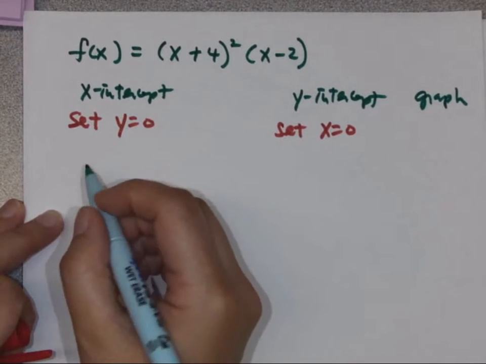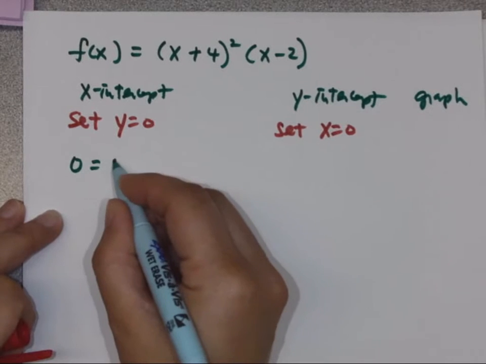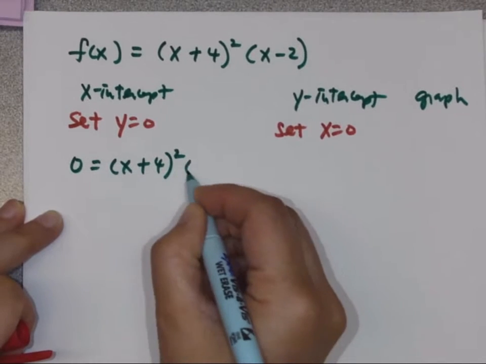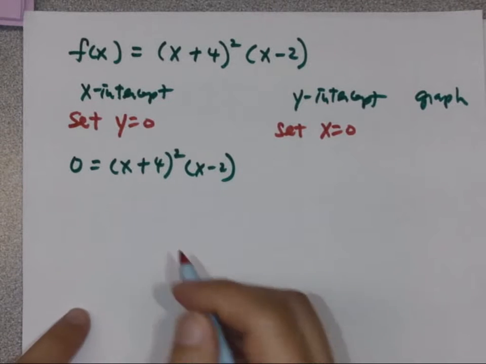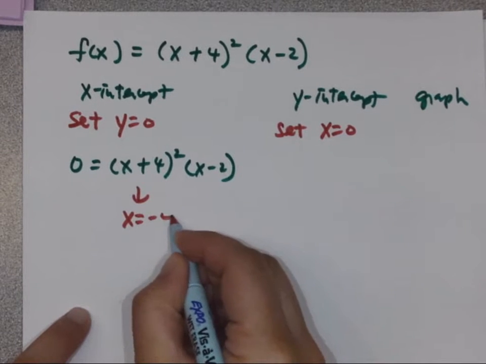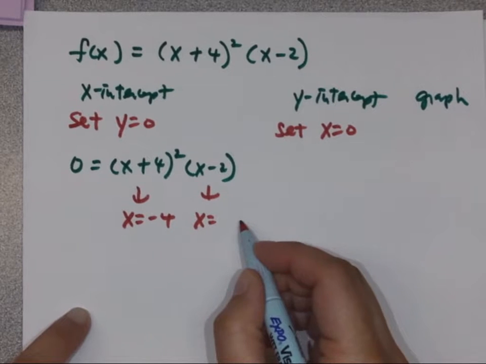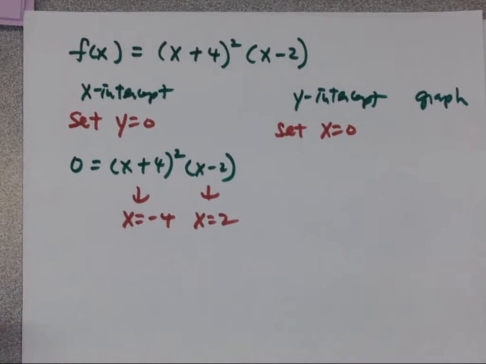All right, so the first one, y is 0, equal to (x plus 4) squared times (x minus 2). So x will equal to what? Negative 4, and then x equal to 2. And are they going to be crossing or touching?